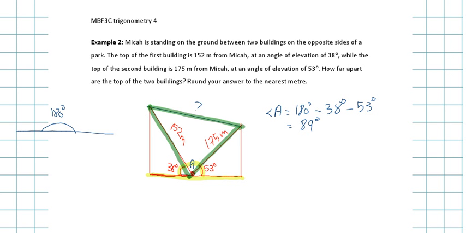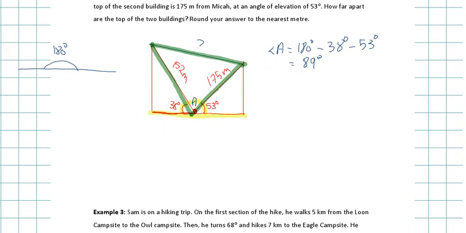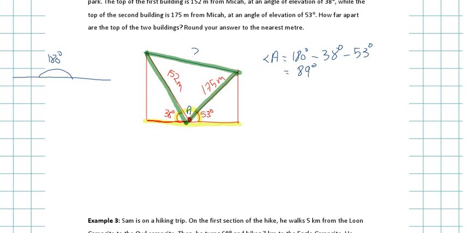Okay? So I'm looking for side A. Let's call it A. What would the formula be if I'm using cosine? A squared equals B squared plus C squared minus 2BC cos A. Good.